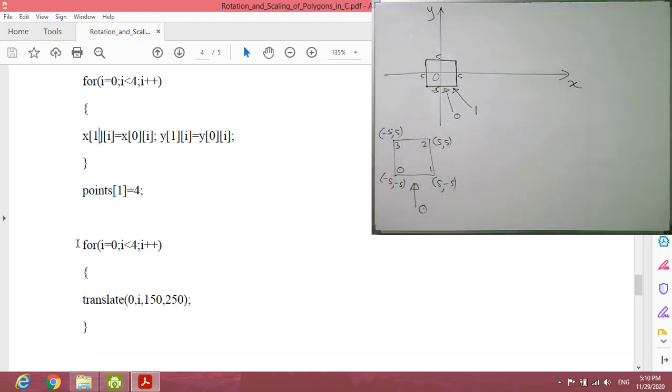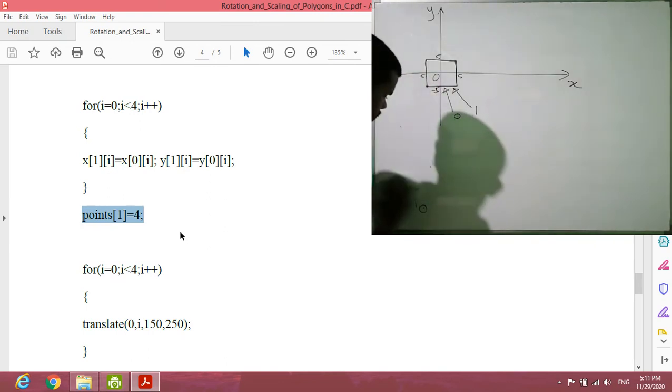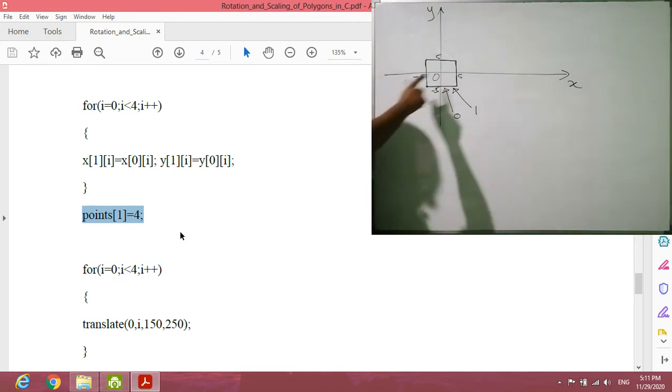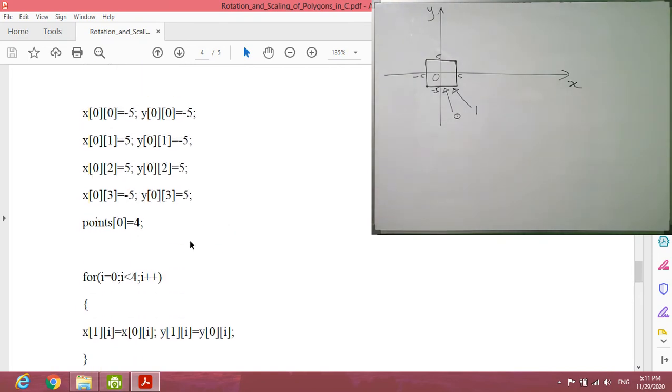And now here, in the points variable also we put 4, because in this situation we have 4 vertices. Now, -5, 5, -5, 5, -5.